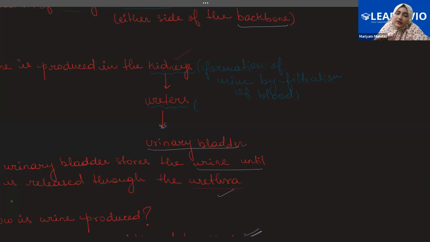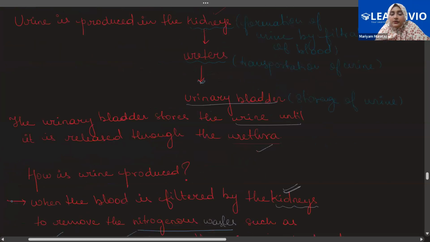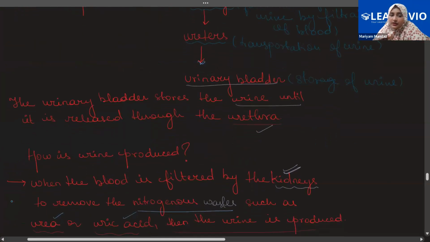Then for ureters, we can write transportation of urine. And then urinary bladder, storage of urine. Now, the urinary bladder stores the urine until it is released through the urethra.